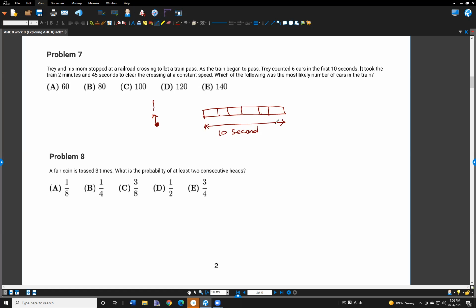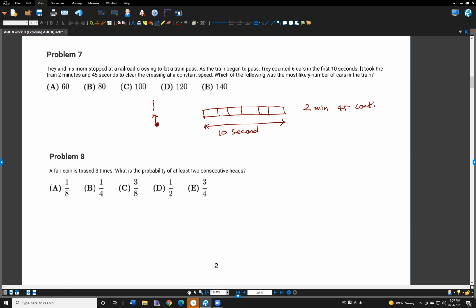But it takes what? 2 minutes and 45 seconds to clear the crossing at constant speed. Yeah, speed is equal.